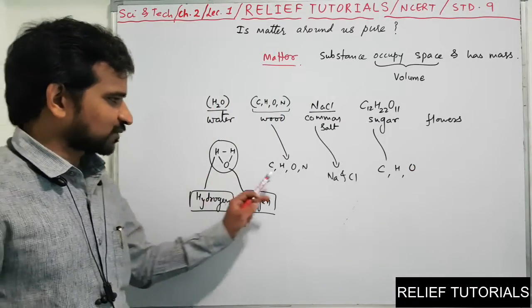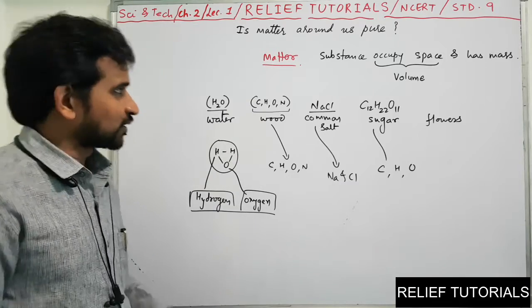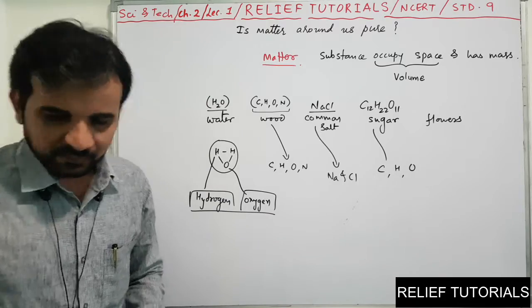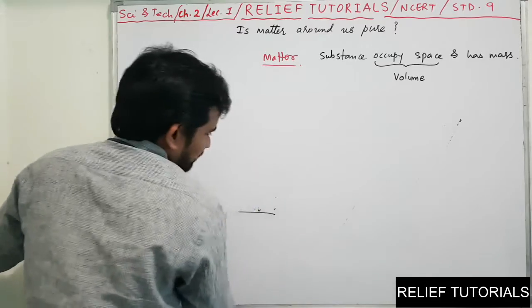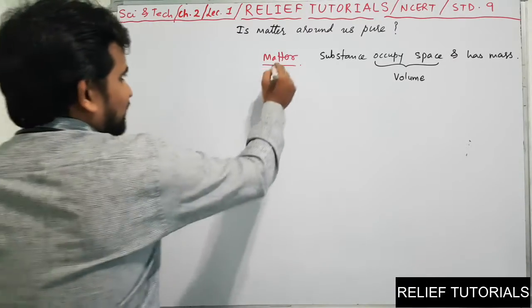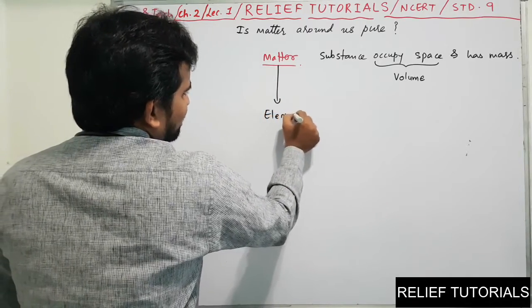These are some basic substances present in every matter. So we can conclude that matter is made up of some basic substances. By this way, basic substance present in every matter is called as element.